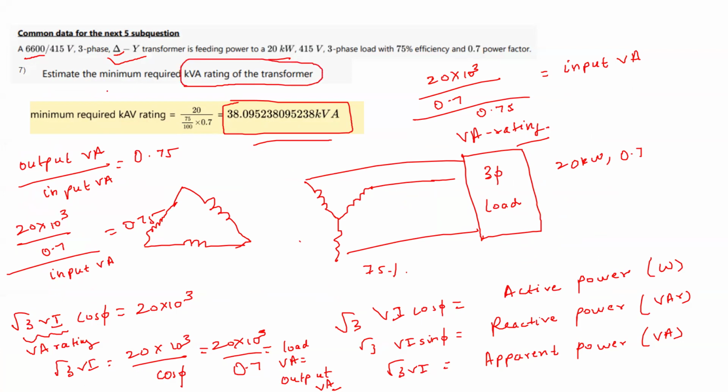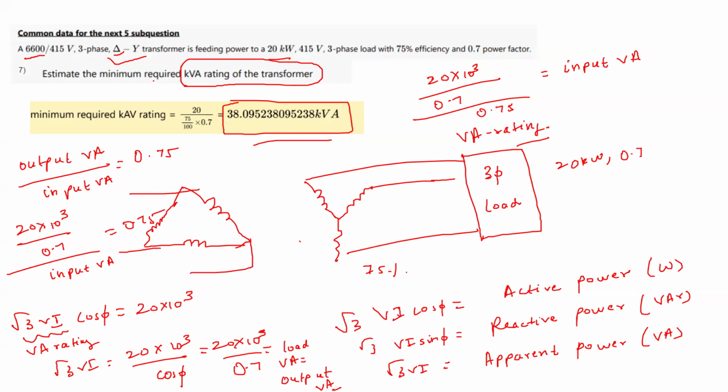They're asking about the kVA rating of the transformer. When we talk about its kVA, we're not talking about the output side kVA. The transformer may be supplying some load but have low efficiency, so in order to supply it, you need to give it that much input power, otherwise the transformer will not be able to supply the load.